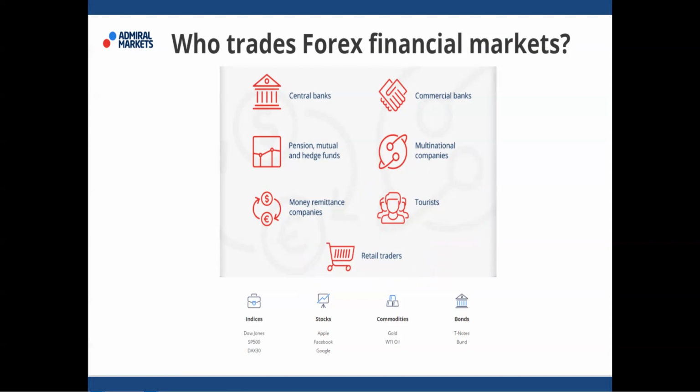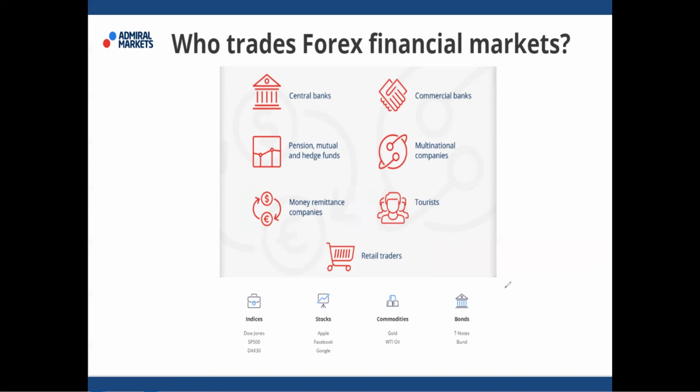Of course, we'll move on to the middle-sized, the money remittance companies. Your Western Unions, for example, potentially even your PayPals, people, small businesses doing business internationally, exchanging currency in that manner as well.